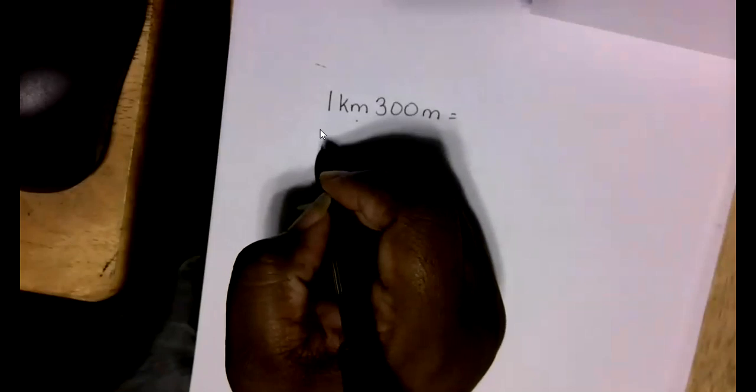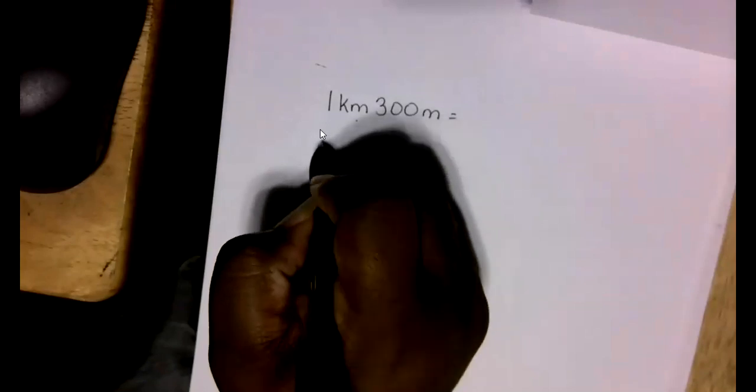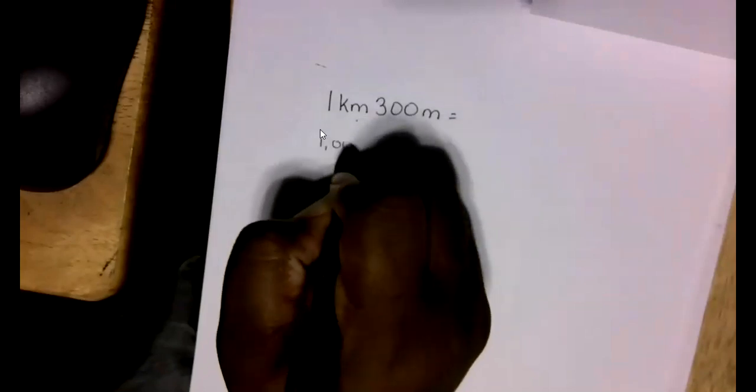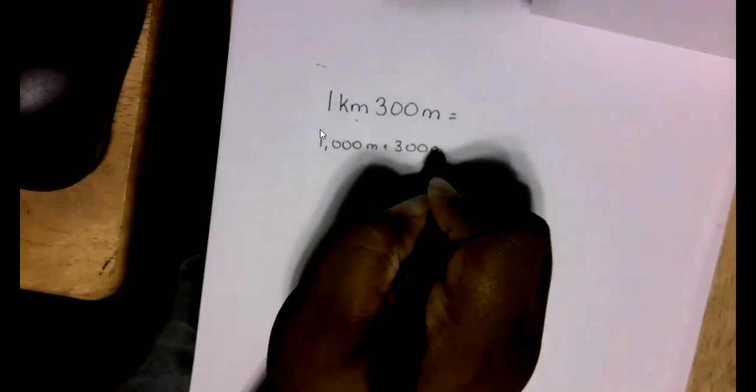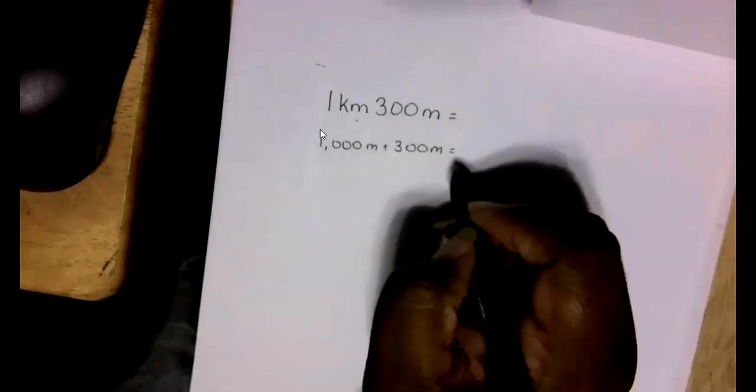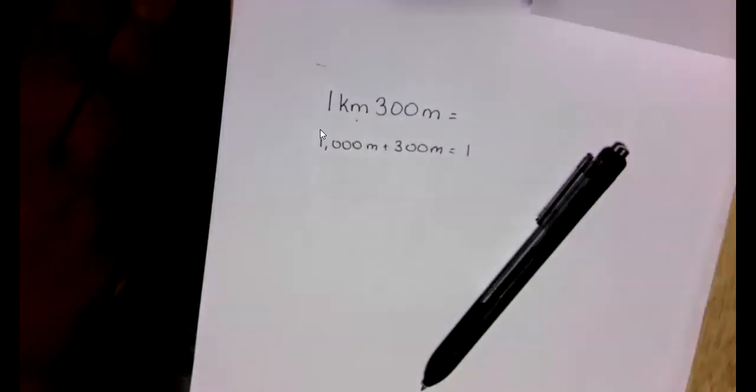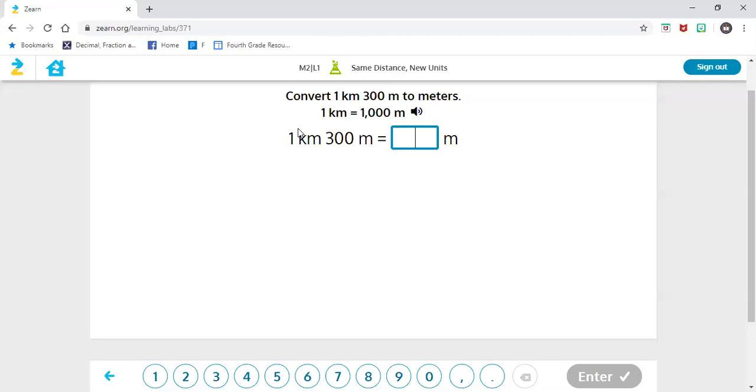And remember, how many meters are in 1 kilometer? 1,000. So I'm going to change this 1 kilometer to 1,000 meters plus 300 meters, which makes it where I can add them together. Because if they're different units, I can't add them. So that's going to give me 1,300 meters.